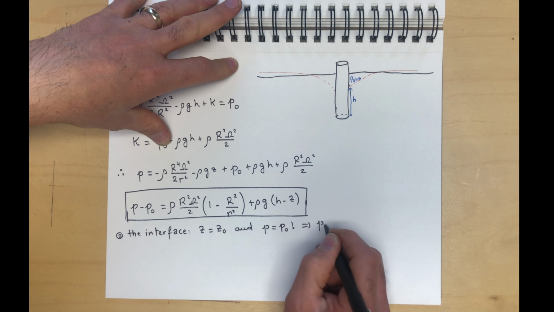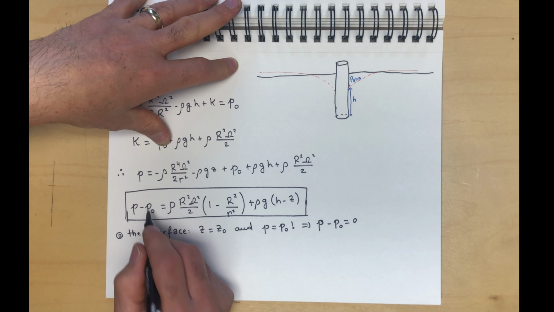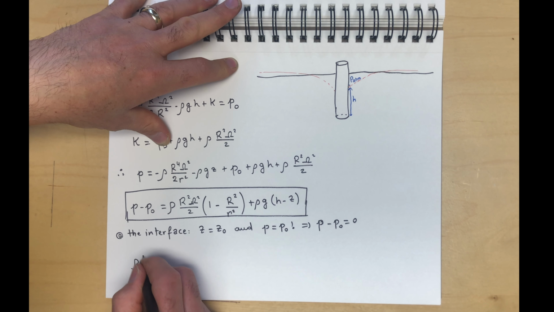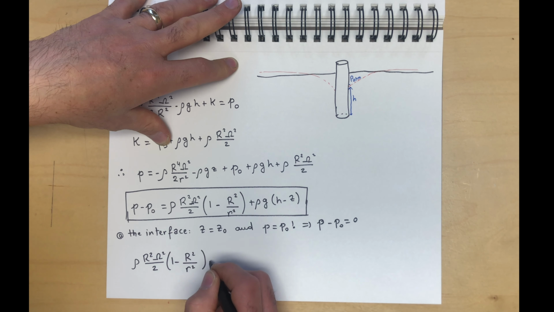So p minus p0 is equal to 0, and then we plug this in here, so we get rho R squared omega squared over 2 into 1 minus r squared over capital R squared, plus rho g times h minus z0, is equal to 0. And that gives you the shape.